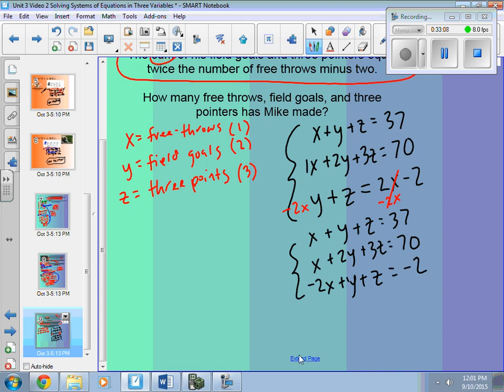Okay, now we got to pick a variable to eliminate. And on this one, you could really pick any of them, and it would be easy to do. I'm just going to go with the very first one, x. Let's try to make those all the same number. And it looks like we could do that by multiplying both the top and middle one by 2. That way they're all 2's and one of them's a negative. The last one's a negative there.